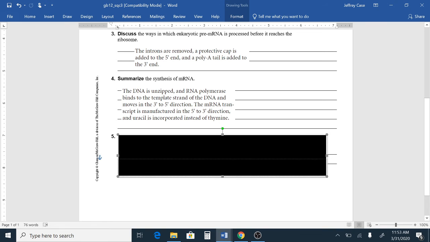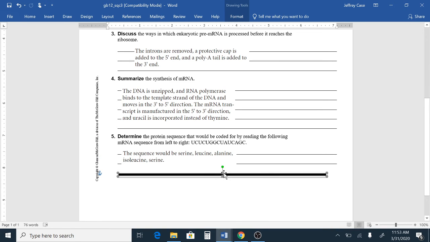And number 5, determine the protein sequence that would be coded for by reading the following mRNA sequence from left to right. So this is where you would open up or look at your codon chart.